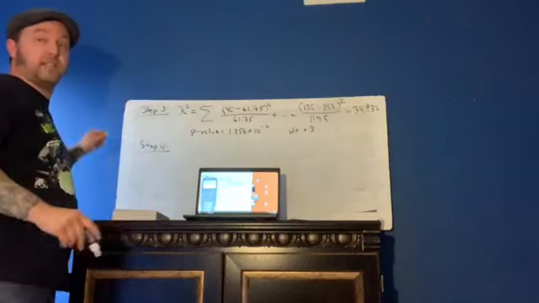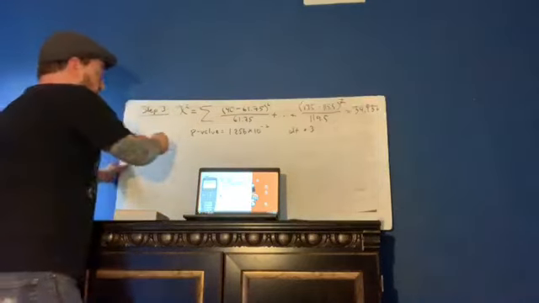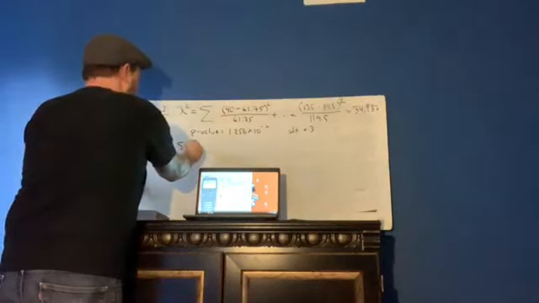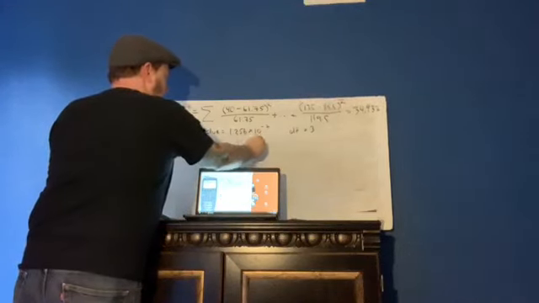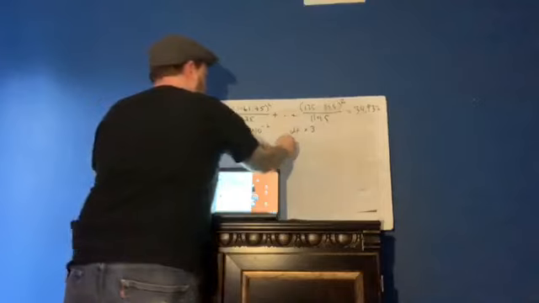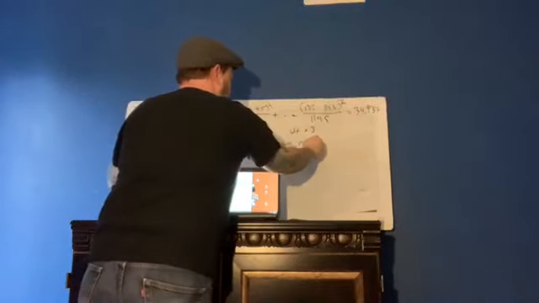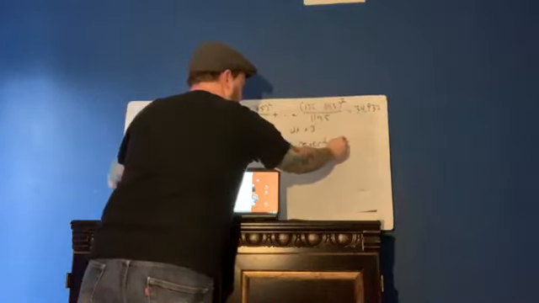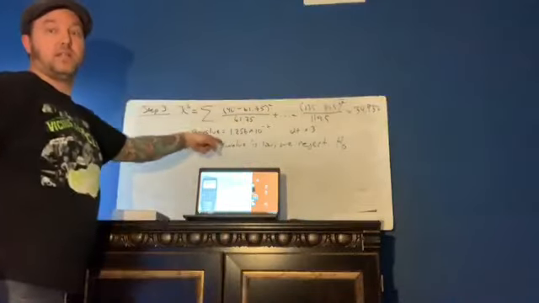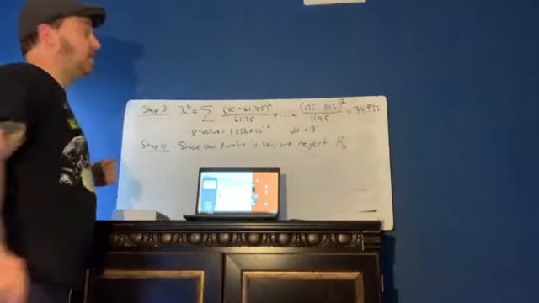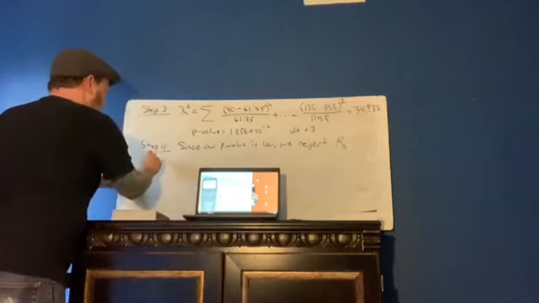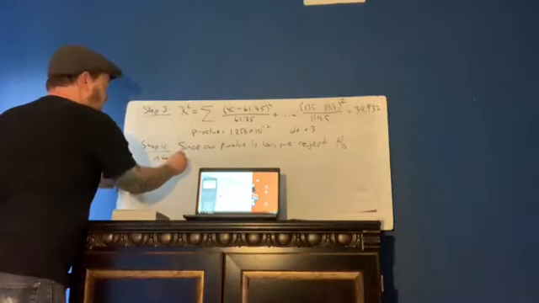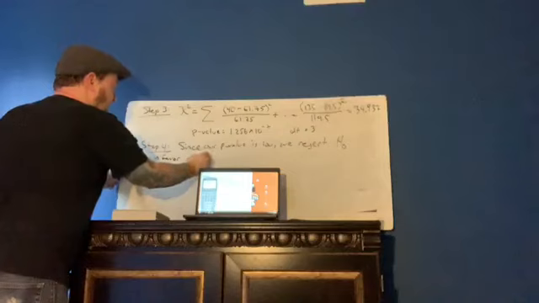interpret in the context of the problem by linking to the p-value. Since our p-value is low, we reject. Since our p-value is low, reject H naught in favor of HA.